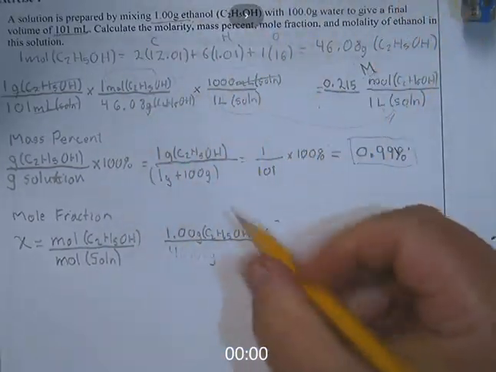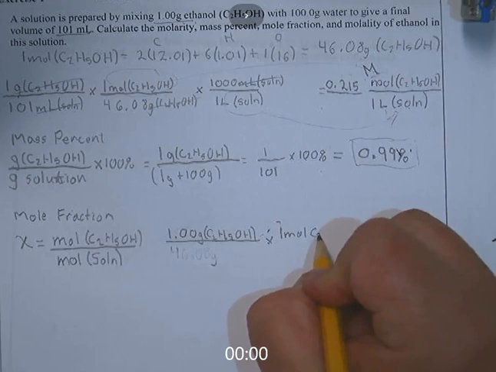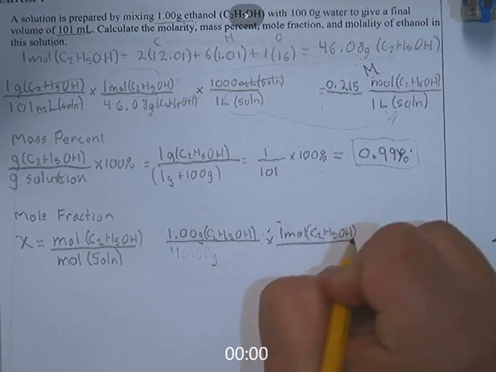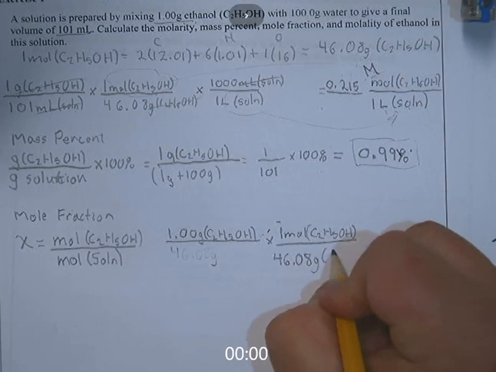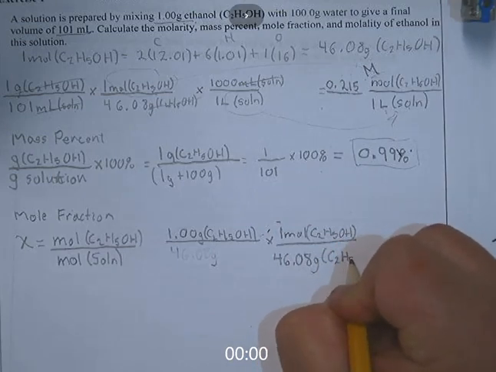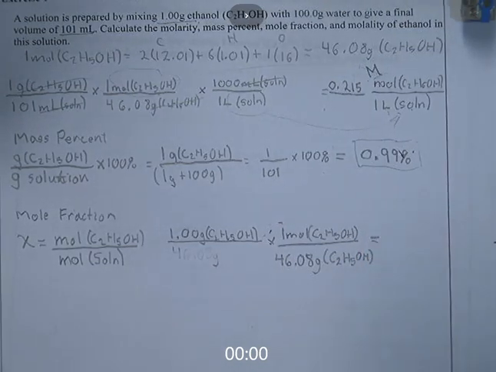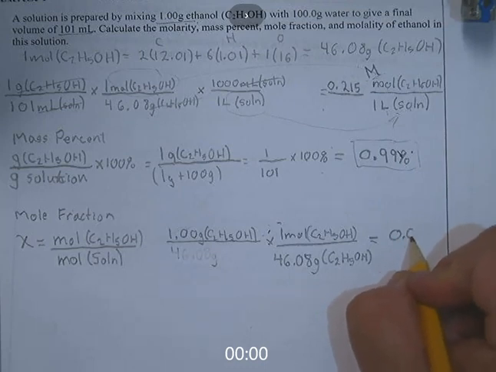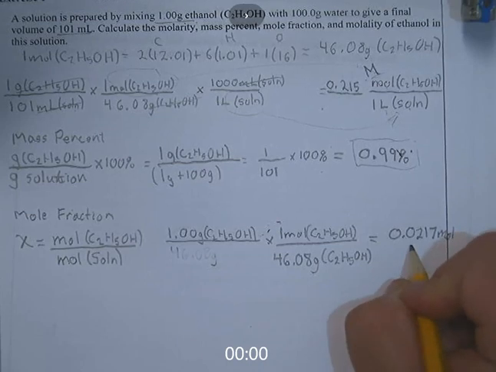It's times the molar conversion, which is 1 mole of ethanol over 46.08 grams of ethanol. It takes a long time to write ethanol every time, but get used to doing it because, believe me, it's easy to get mixed up with which substance you're talking about. If you crunch the number on that, you get 0.0217 moles of ethanol.